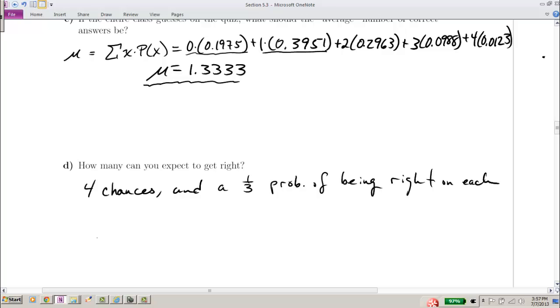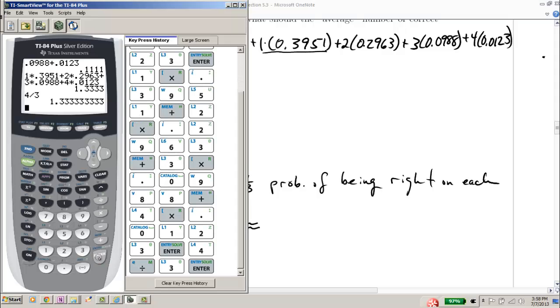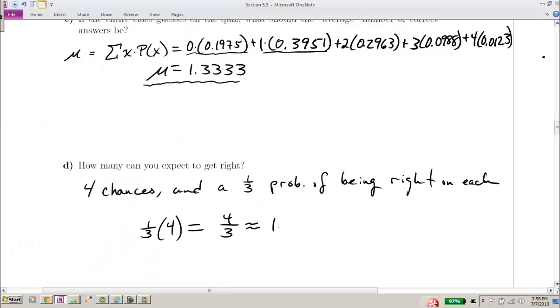So I would think that the number of questions I could expect to get right would be 1/3 of my 4 chances. This is 4/3, and if we do the division, we can approximate it to 1.3333. It keeps repeating.